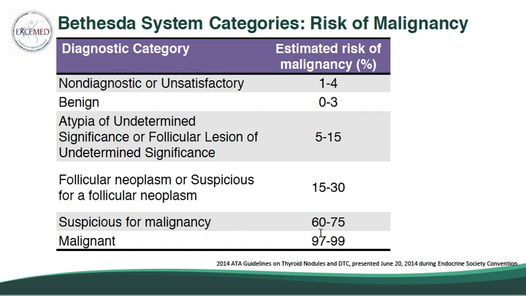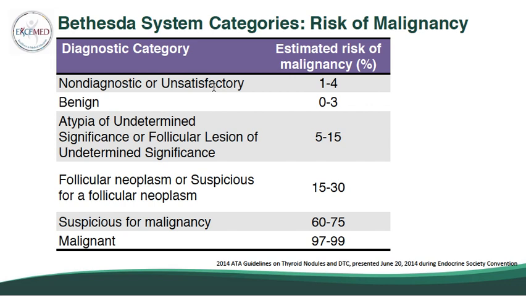So based on the FNA cytology, you will now be able to categorize your nodule based on the Bethesda system. Your Bethesda system will classify your nodule as either non-diagnostic or unsatisfactory, meaning not enough cells were picked up by the fine needle aspiration.